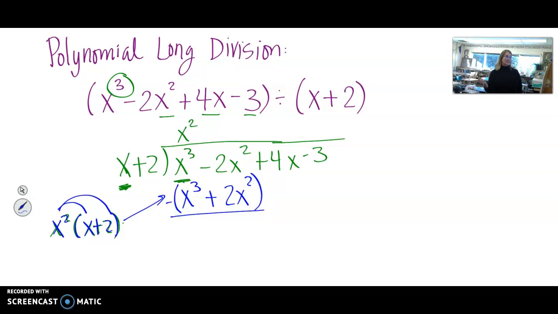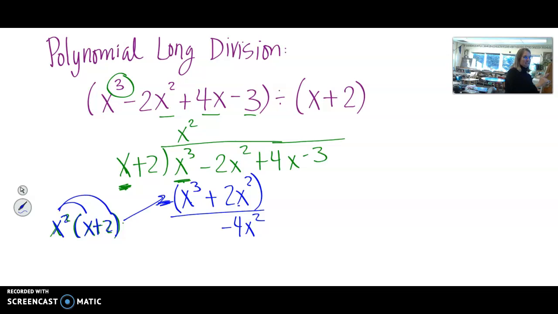I have this negative 2x squared, and I'm going to subtract 2x squared from negative 2x squared, because remember, you're subtracting both of these terms. So negative 2x squared minus 2x squared is going to give me negative 4x squared.